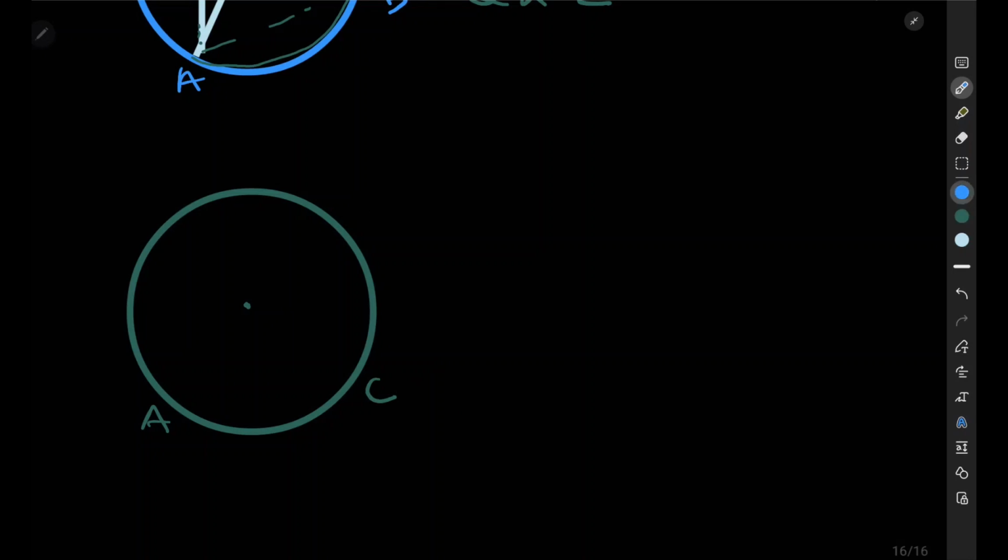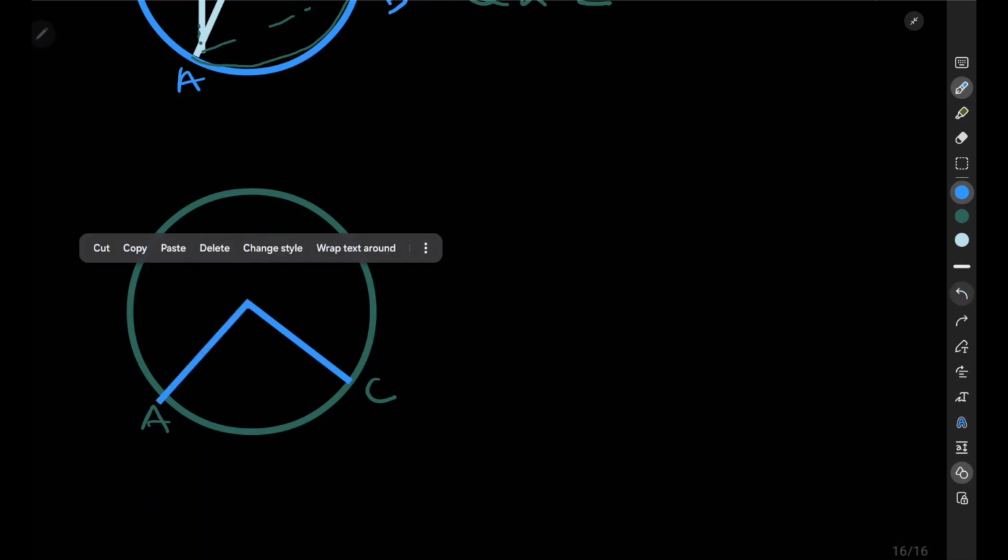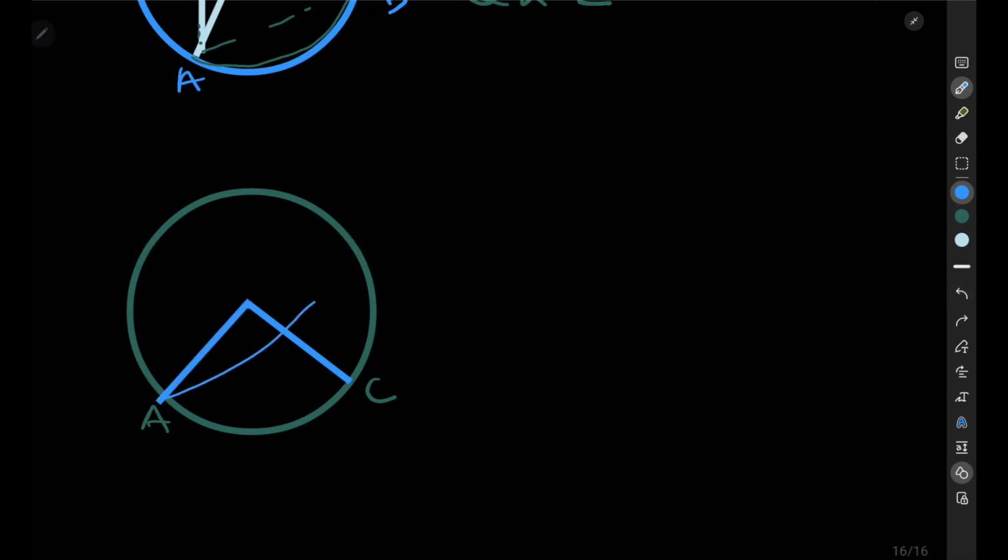Let me just first draw what I want to draw. So you have a line that extends to that point, and another line that extends to that point, and then this line goes and extends somewhere to that point, and then it closes off there.